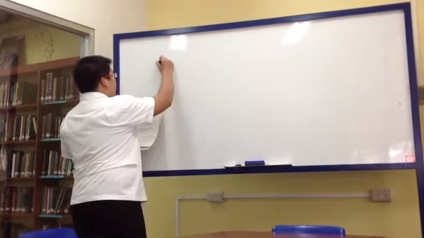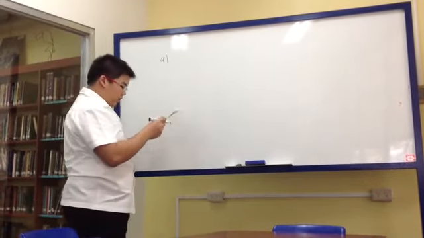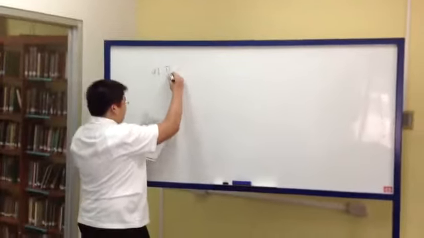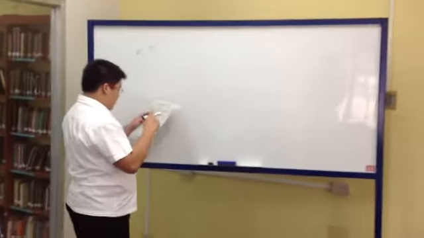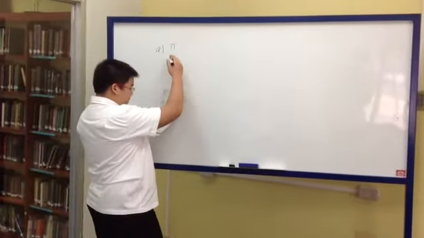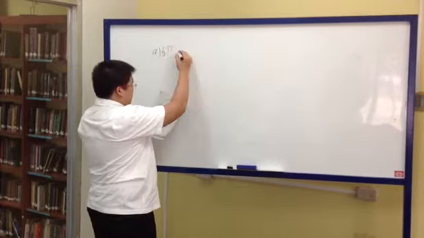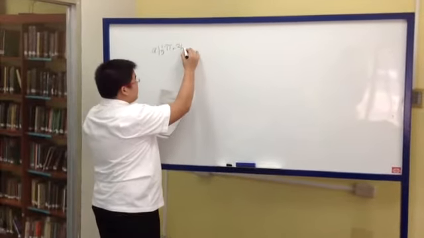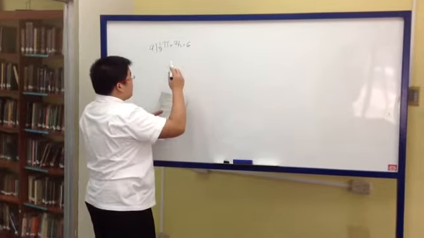So basically, for the first part, we're looking for the height of the cone. The formula for the volume of the cone is 1/3 pi r squared times height, and that's equivalent to 6.